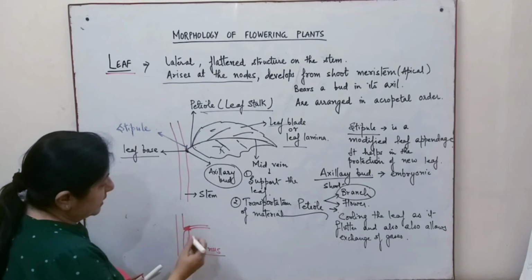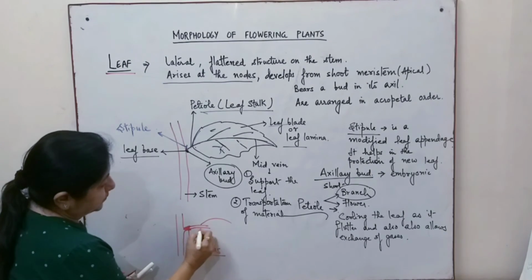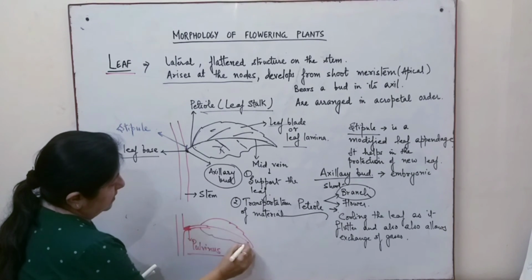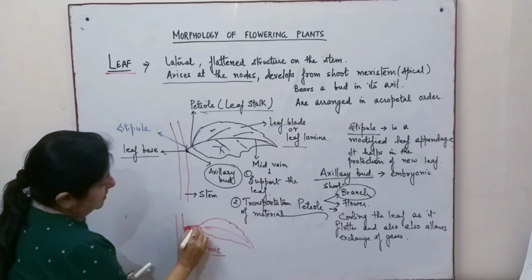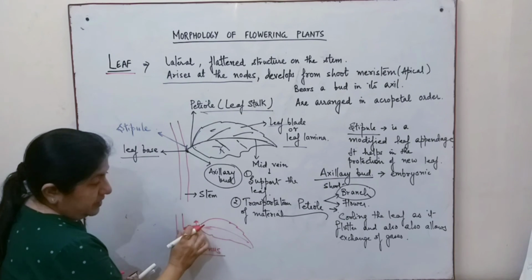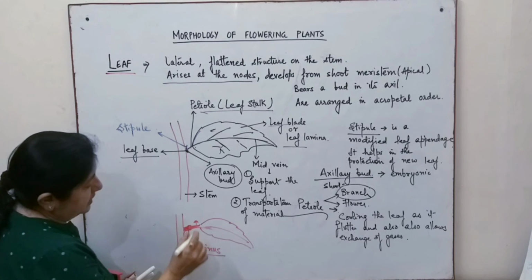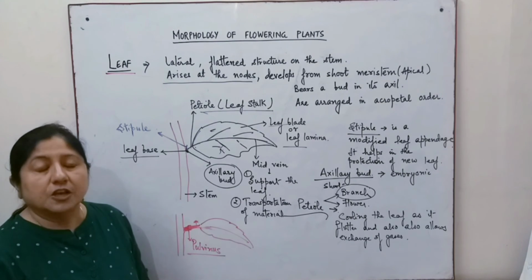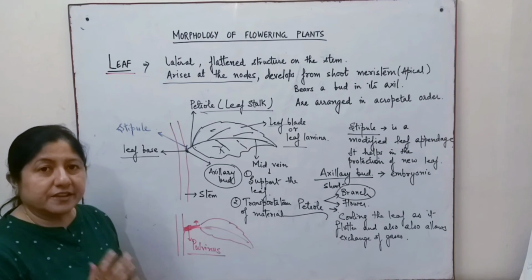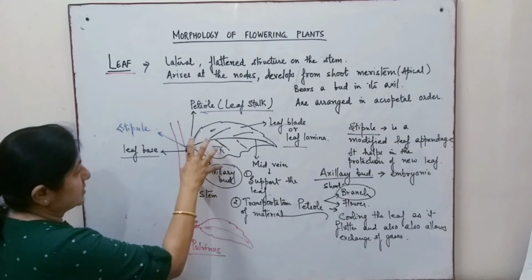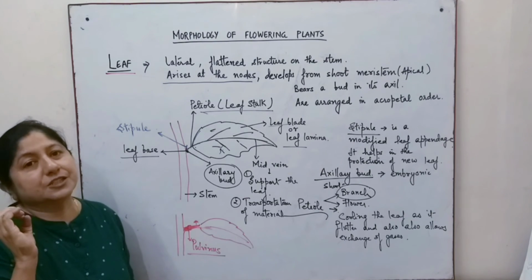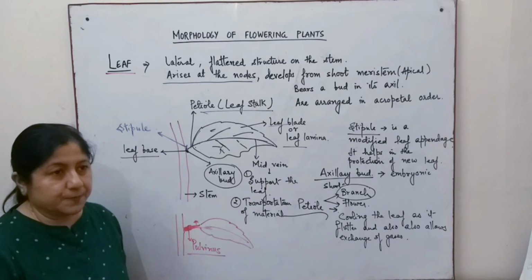So the leaf will be present over here. This is the leaf when we are talking, and this structure which is swollen, this is the petiole or the leaf stalk, and towards the leaf base is the pulvinus. So pulvinus helps in protection and allows the leaf to move, or it enables the growth independent movement in the leaves.